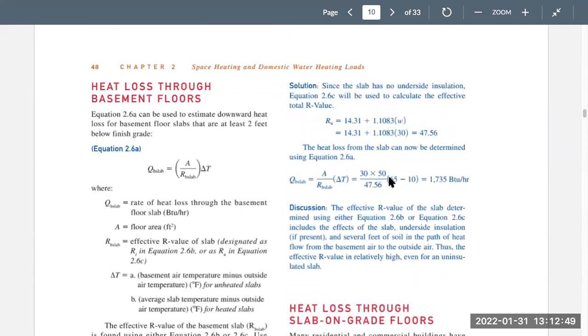And then we divide that by the effective R value that we just calculated for no insulation under our basement floor, with a temperature differential of 65 degrees in the basement minus 10 degrees outside. And that simply tells you how many BTUs you're losing through your floor. Any questions on how you do basement floors?